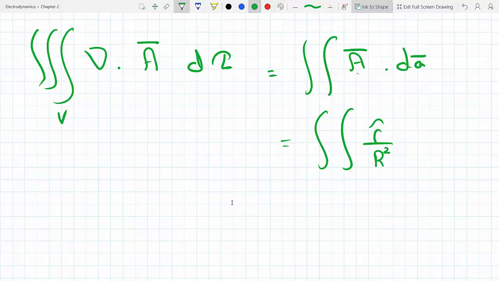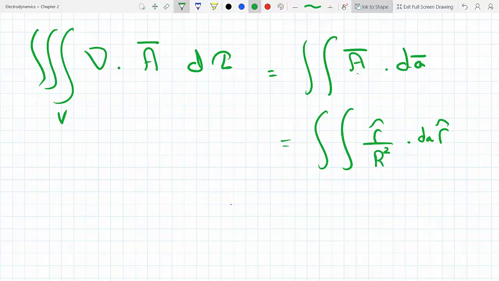And dA dotted with that: dA is in the direction of R hat, because it's perpendicular to the surface of the sphere. So vector dA is scalar dA times R hat.